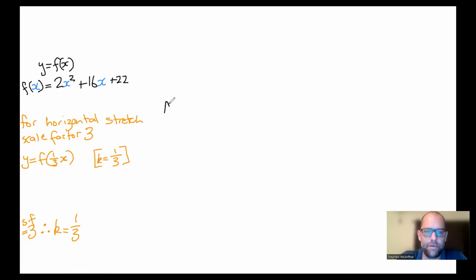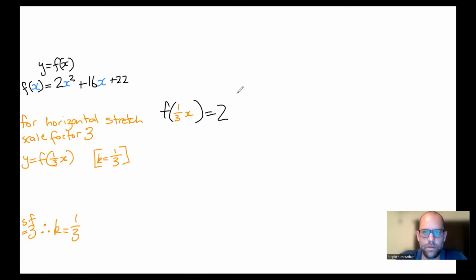So f of 1/3 of x is equal to 2 comes from the function. I'm going to replace all the blue bits with 1/3 of x.